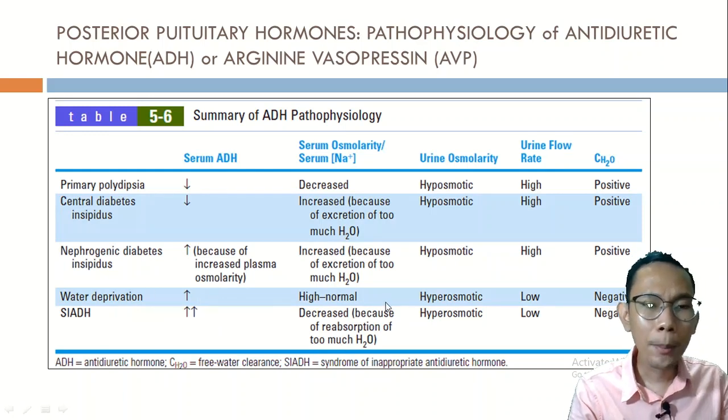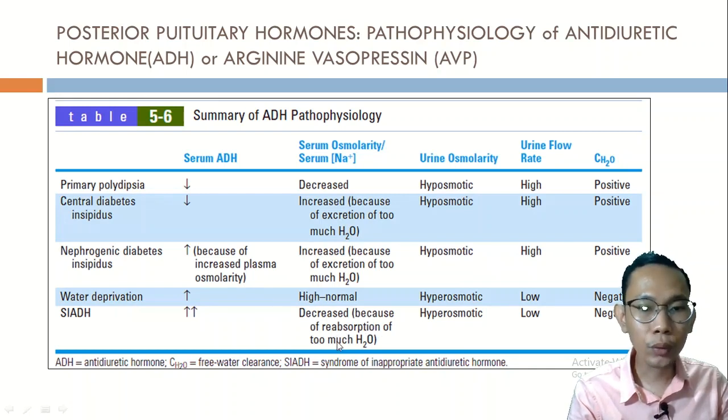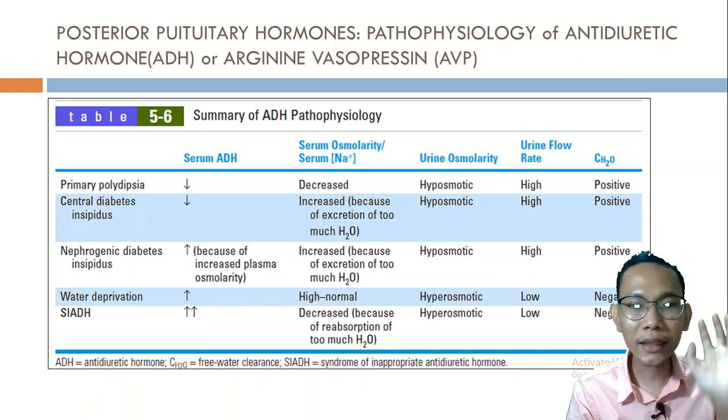So in short, mas maraming tubig ang pumapasok. Dahil maraming tubig ang pumapasok, nagiging malabnaw ang ating dugo because of reabsorption of too much water. And then, sa urine, ano nangyayari sa urine? Nagiging hyperosmotic kasi pinapasok natin ang tubig, ang natitira na lamang ay ang asin sa ating ihi.